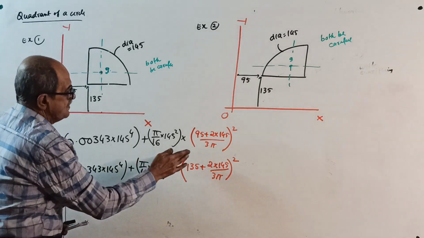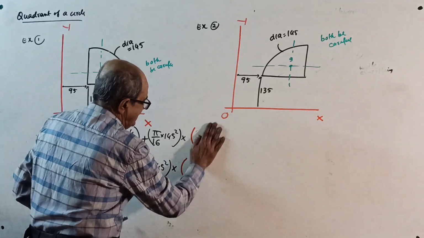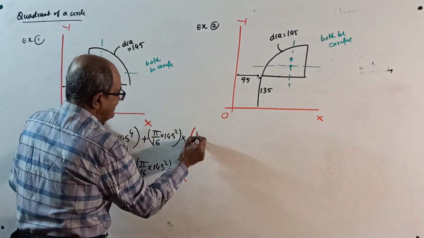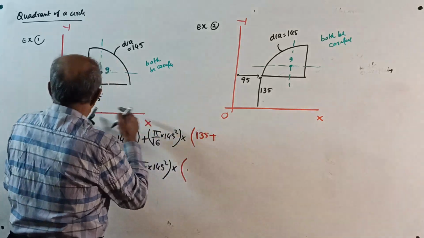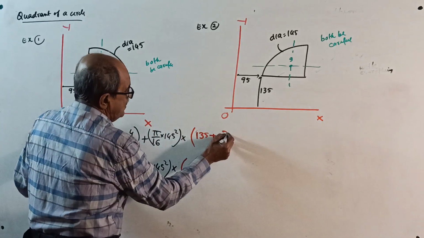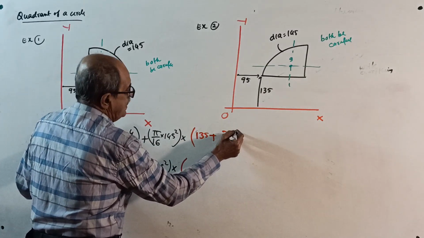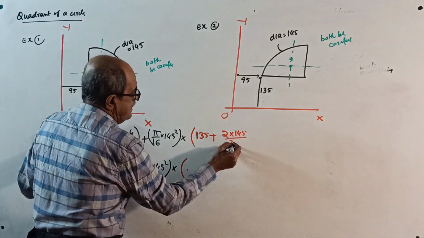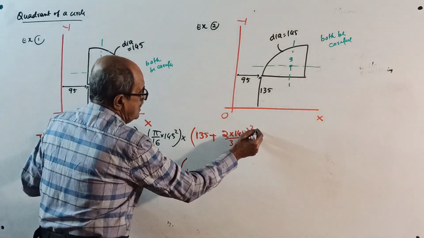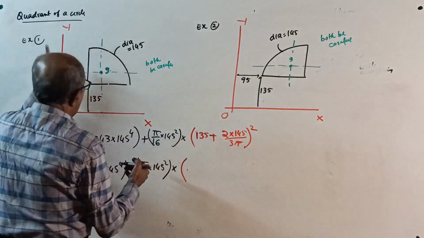Oh, it's interchanged here. I don't know why it's happening. 135 plus 2 into diameter, how much diameter? 2 into 145 divided by 3 pi, whole square.